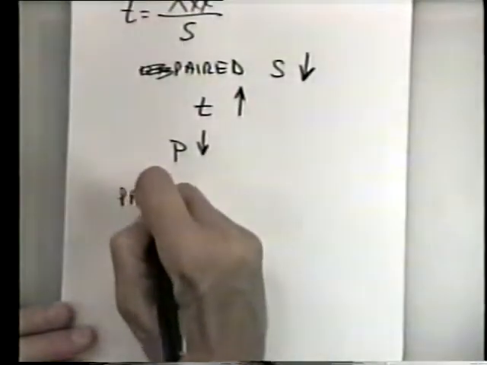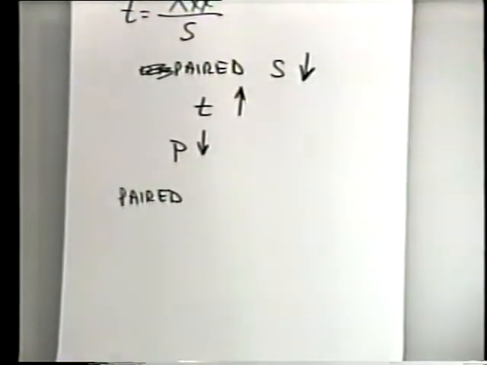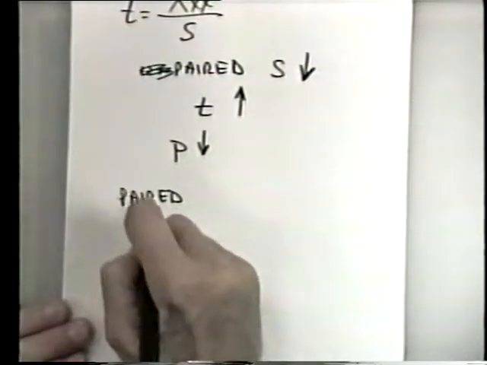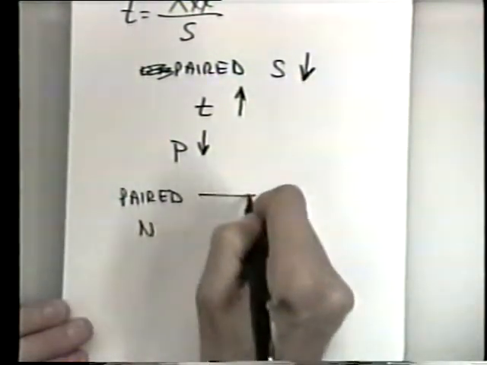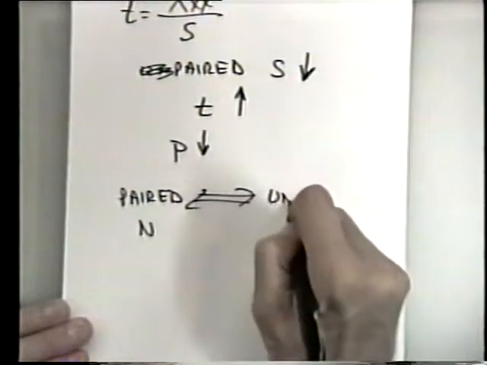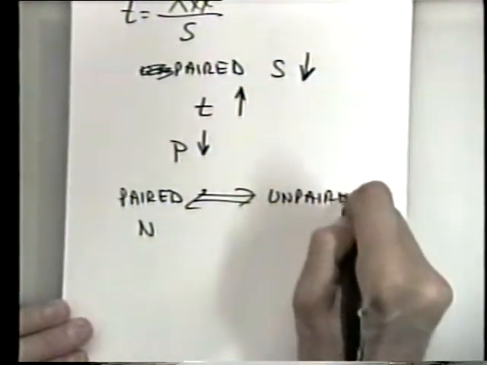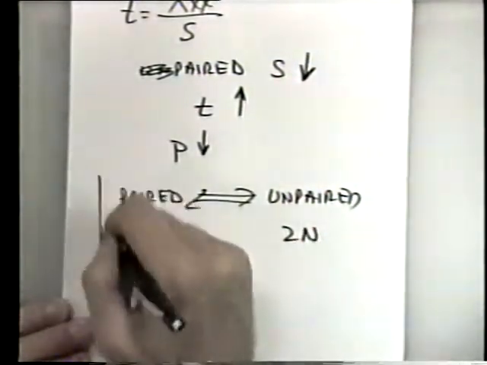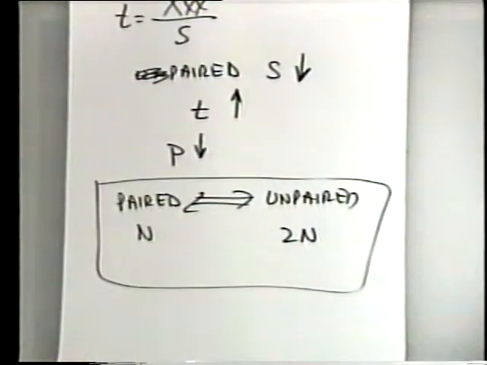Basically, if I have a paired test, and I have n data in the paired test, that's equivalent to using the unpaired test with 2n, twice as many subjects. That's the result. From the computation of the difference in the standard deviations from the paired and the unpaired, you can see that that's actually the case.